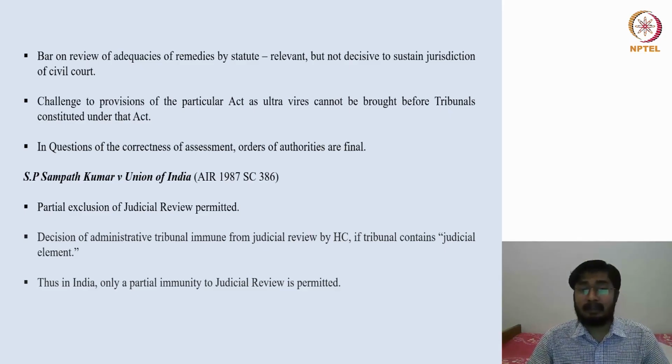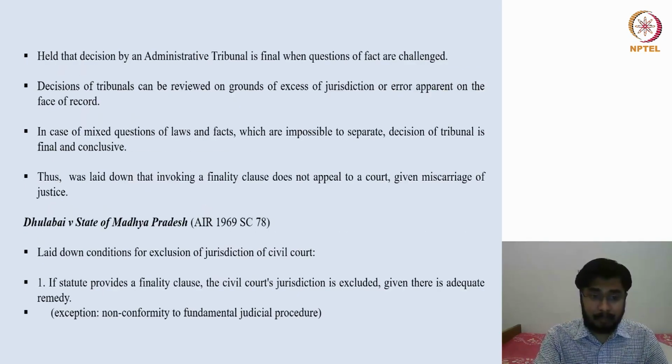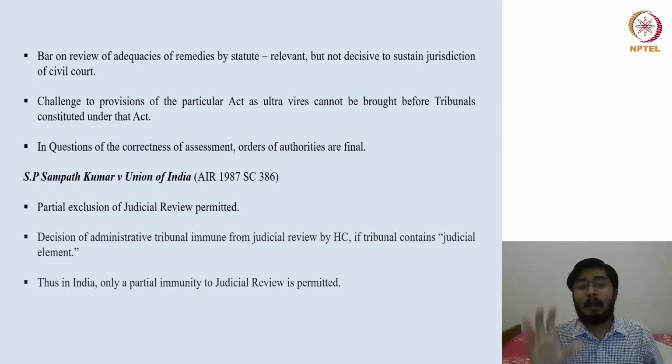In questions of the correctness of assessment, orders of authorities are absolutely final. So if we need to understand this case, it simply laid down the conditions for the exclusion of jurisdiction of a civil court, and when it boils down to correctness of assessment, the orders given by the authorities are deemed to be final.